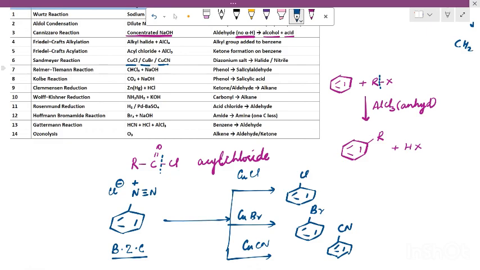Reimer-Tiemann reaction, we take chloroform in presence of NaOH, so we convert phenol into salicylaldehyde. Kolbe reaction, we take carbon dioxide and NaOH, which converts phenol into salicylic acid. Clemmensen reduction, we take zinc mercury amalgam along with HCl, so it reduces ketone or aldehyde to alkanes.